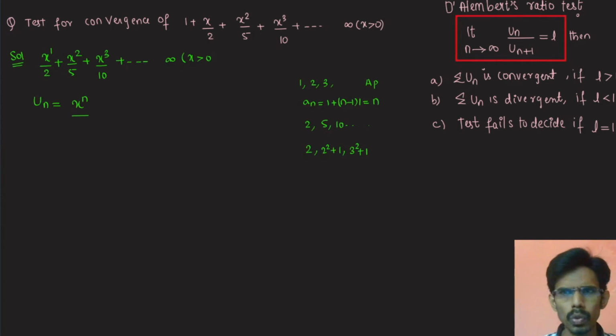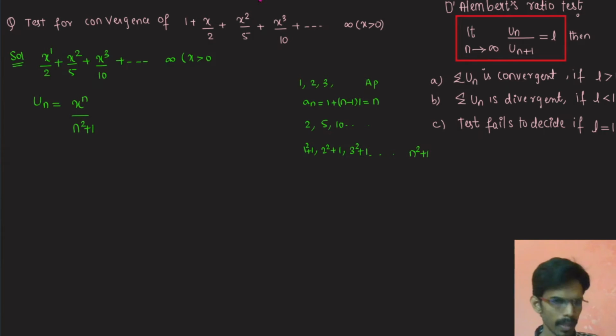So this 2 can also be written as 1 square plus 1. So by this we say that this is n square plus 1 pattern. So in the denominator we have n square plus 1 as the general term.